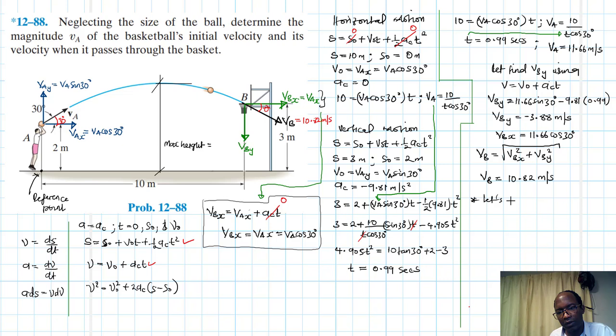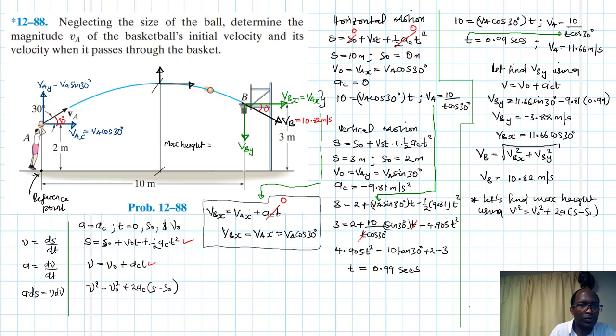So let's find the max height using V squared equal to V naught squared plus 2a(S minus S naught). At this point we have the velocity like so, and another component like so.